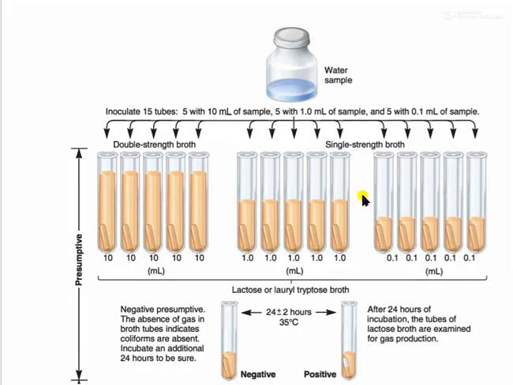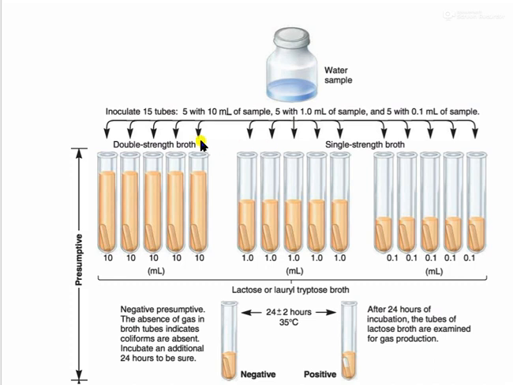Now consider if you are taking untreated water. In the case of untreated water, what happens? You will take three sets of test tubes. Five of them will be double strength broth, and five will be single strength, and five also will be single strength.